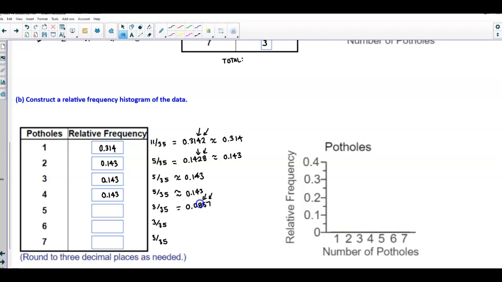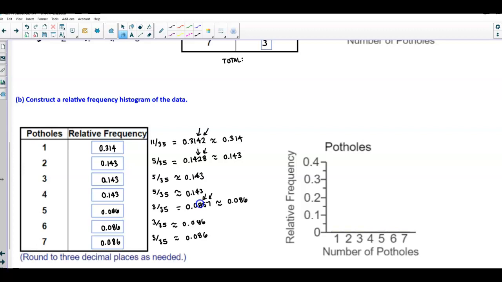The rounding digit is 5, the testing digit is 7, so we're going to round up to 0.086. And 0.086 is also for the 6 potholes and 7.